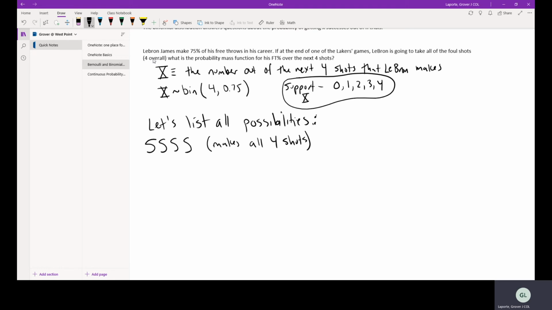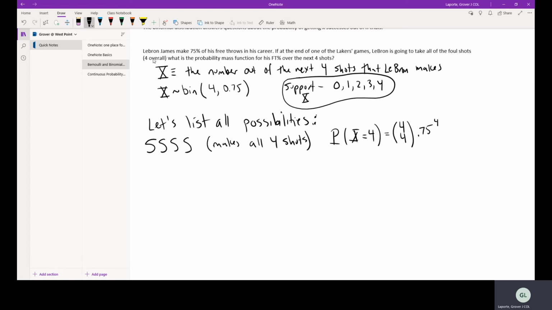And so what that would look like is the probability that X is equal to 4, and that would be 4 choose 4 times 0.75 to the fourth. Why is it 0.75? Because that's my probability of success. And these are independent trials, so I got 0.75 times 0.75 times 0.75 times 0.75, so there's 4 of those.